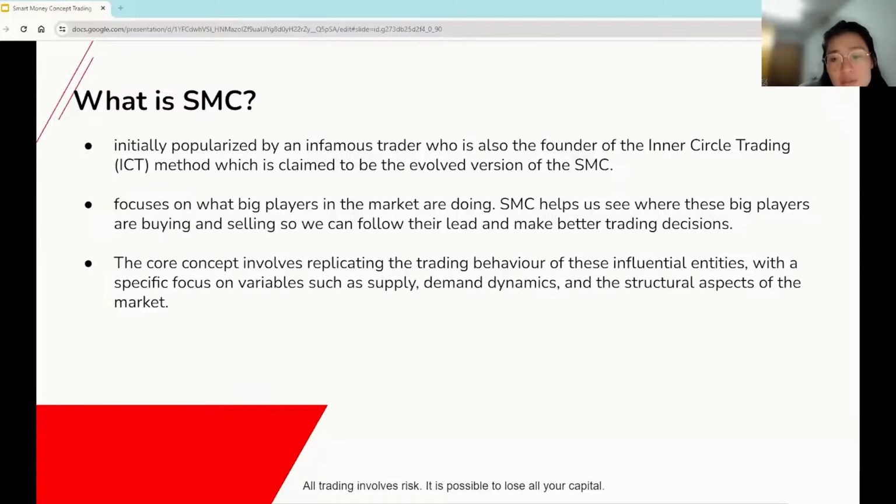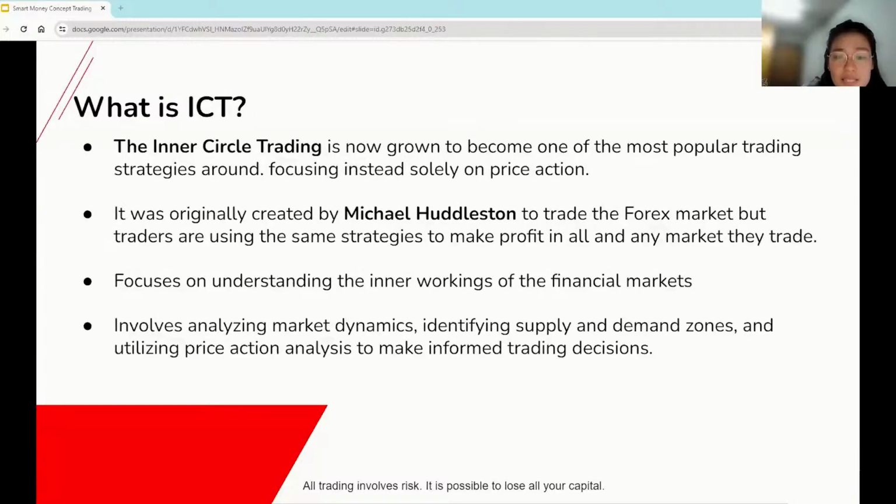The core concept involves replicating the trading behavior of these influential entities, with a specific focus on variables such as supply and demand dynamics and the structural aspects of the market. Now let's talk a bit about ICT.